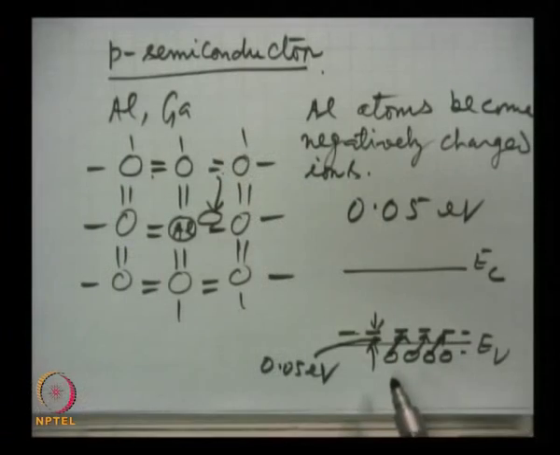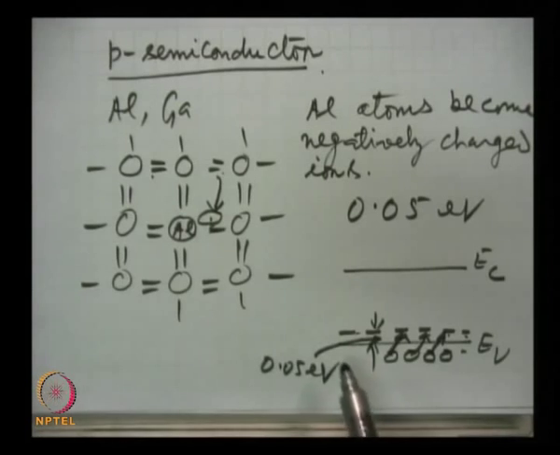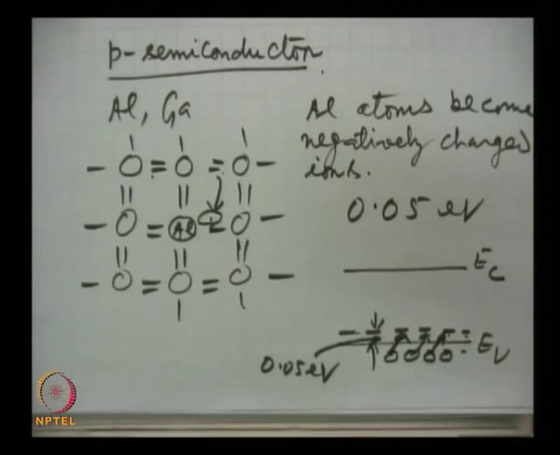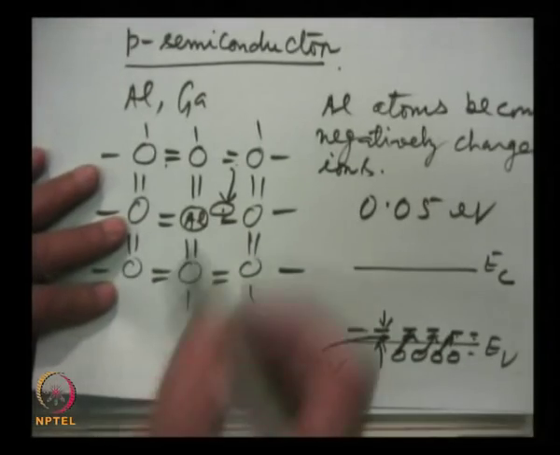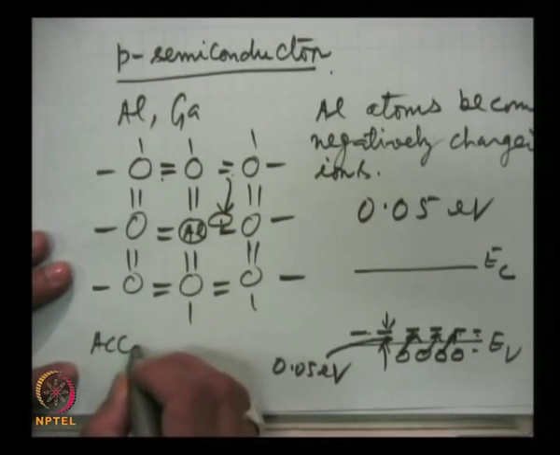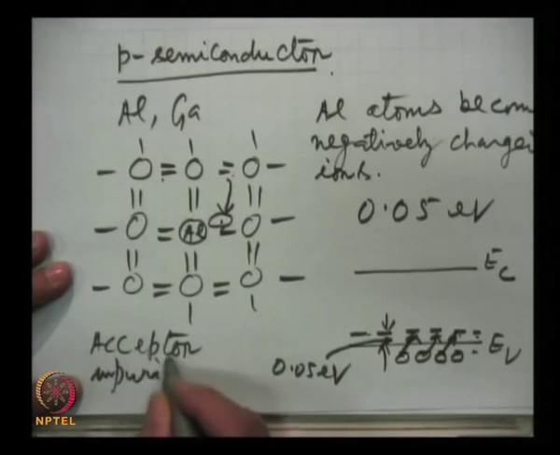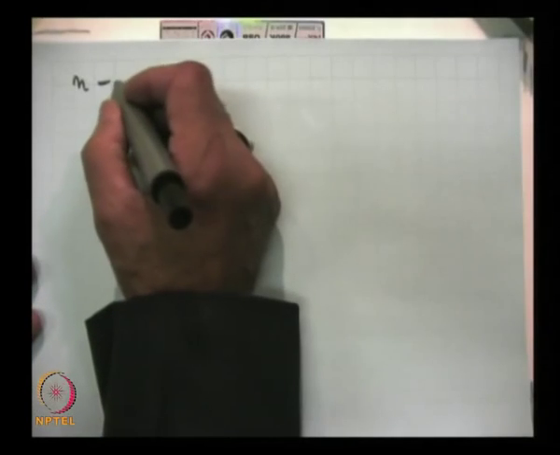And here, when this electron moves to this impurity energy level, it does not release any electrons in the conduction band. So, this material will be rich in hole density. This third group impurity is called acceptor impurity.